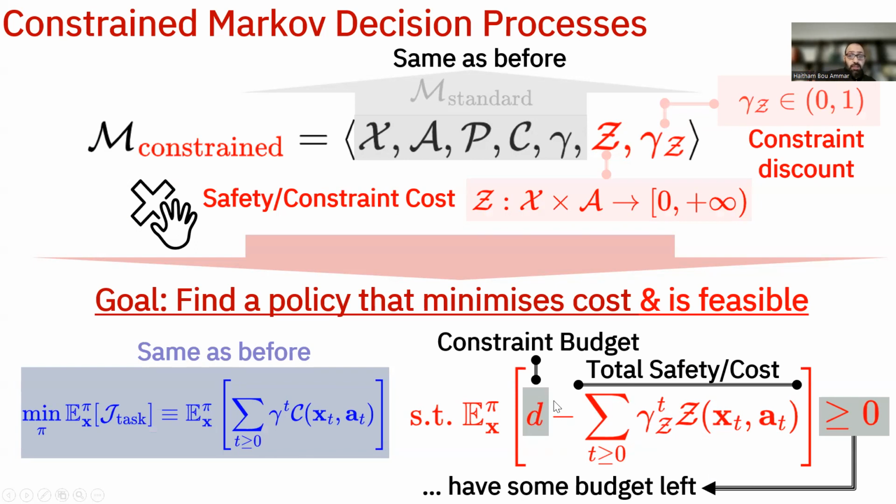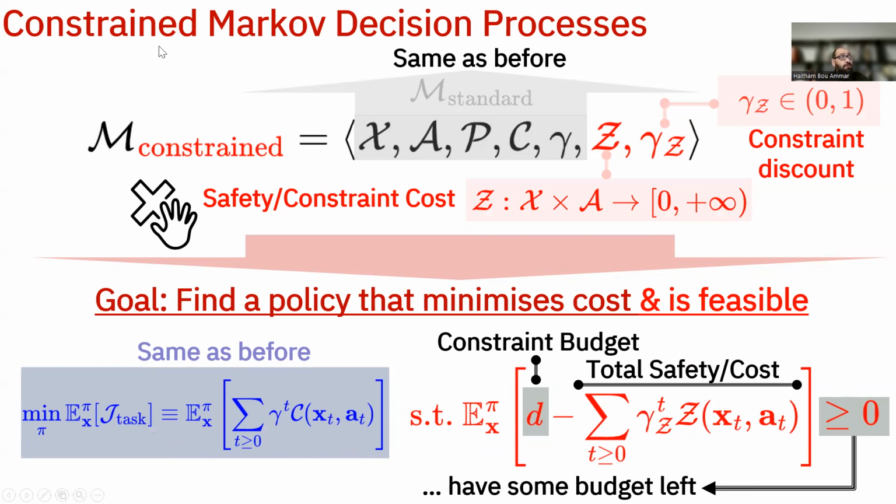What I really would like to do is find the policy pi that minimizes my standard cost C, but also has a remaining budget of making mistakes. So I would like to have a bit of budget left from that policy in my violation of my safety cost.